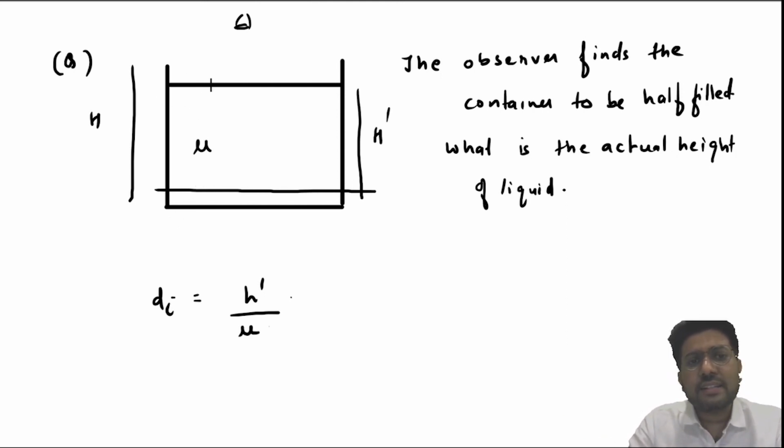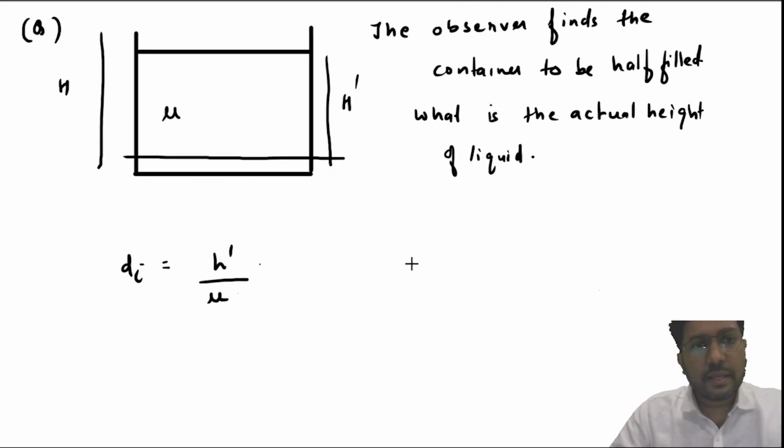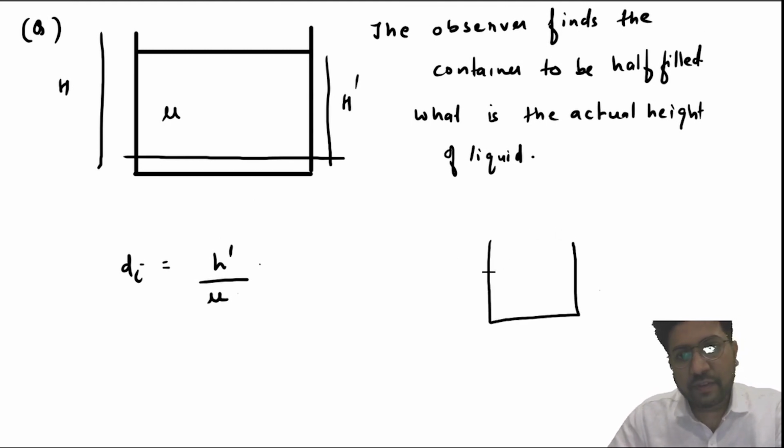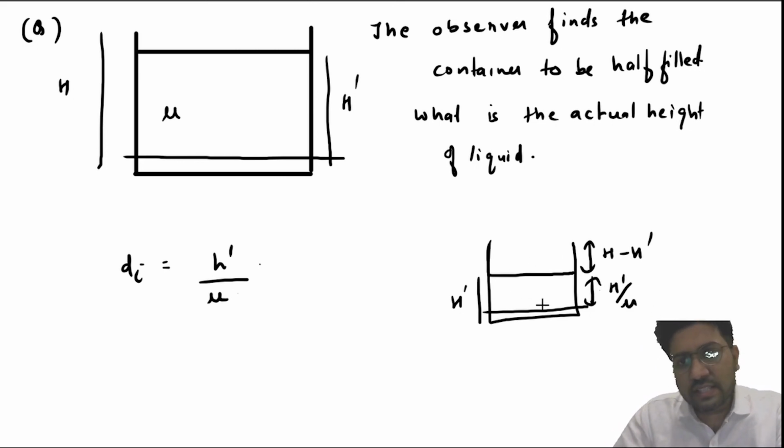Okay, then he finds the container to be half filled. That means what? Listen carefully. Suppose you have filled it with h dash. So this distance will be h minus h dash. And apparently it looks like this distance is h dash by mu. Now if this appears to be half filled, then these two have to be the same.